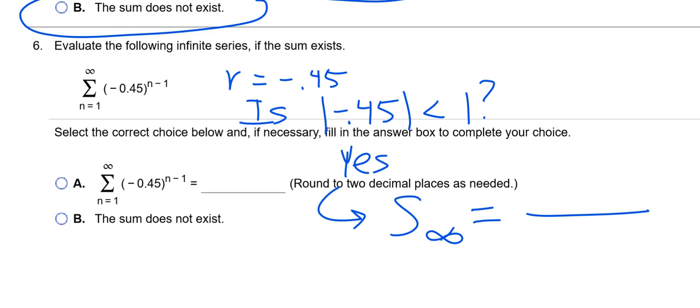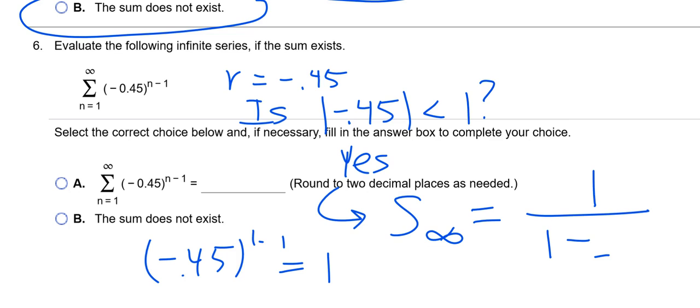First term is, if you don't know what the first term is, what should you plug in? 1. What is negative 0.45 to the 1 minus 1 power? 1. That is a 1. So the first term is 1 over 1 minus negative 0.45. 1 divided by 1.45.